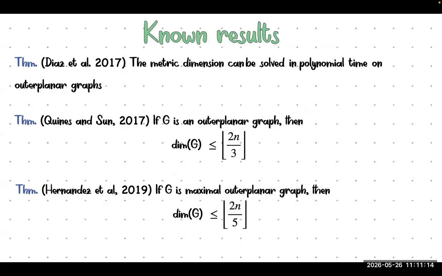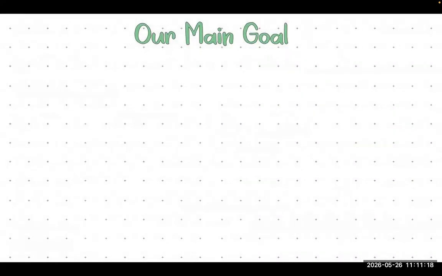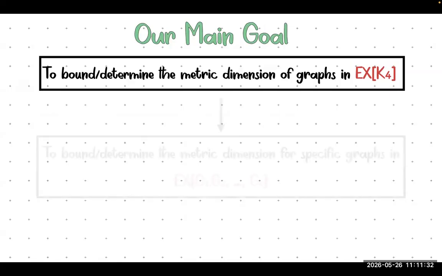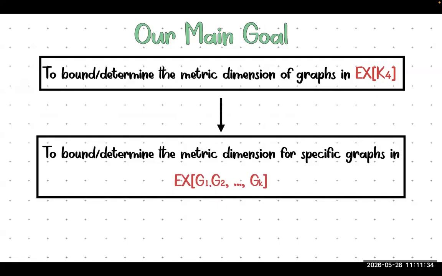Okay, any questions? So what's our main goal? Our main goal is to determine what exactly is in the excluded minor class of series parallel networks. But this seems a little bit hard to actually find. So we want to get some general bounds for any minor class for now.